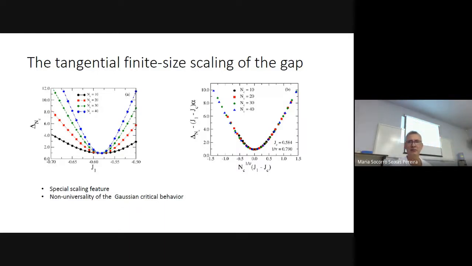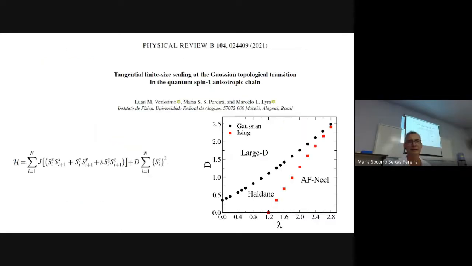So after doing this work, we realized that this scaling analysis near a Gaussian critical point was not well settled in the literature. And then we decided to make a very detailed analysis and a very detailed protocol to show how this scaling has to be done in general models.